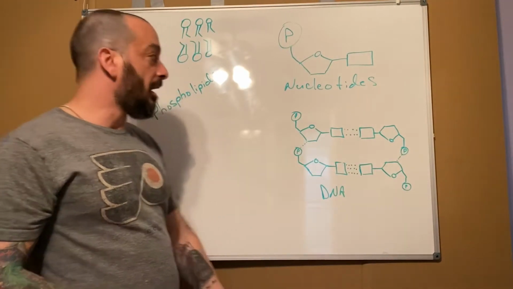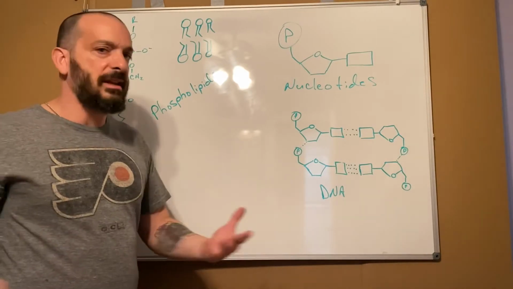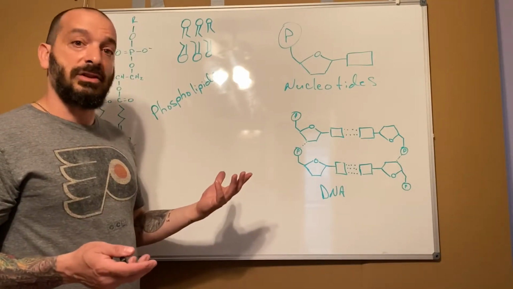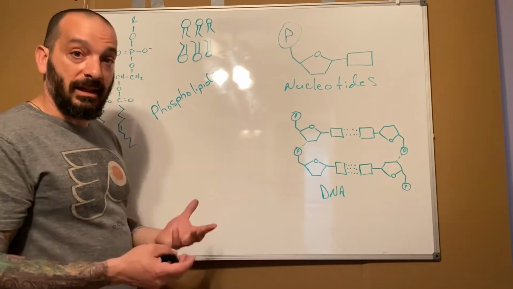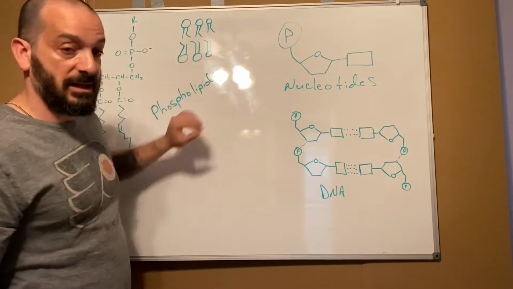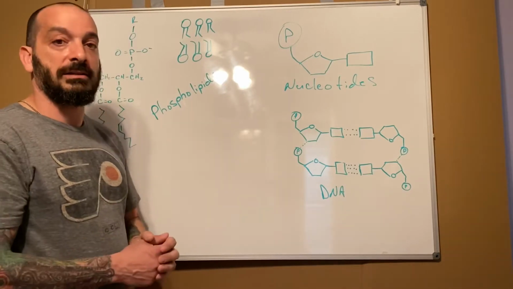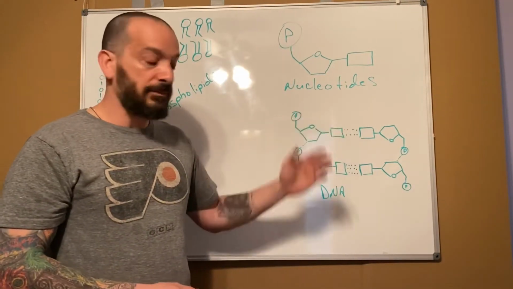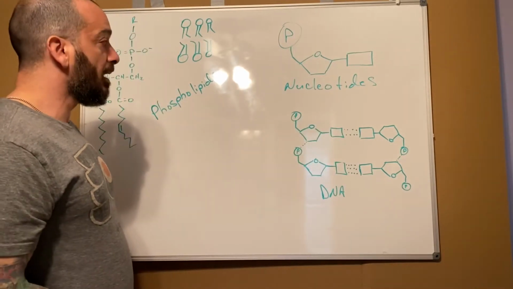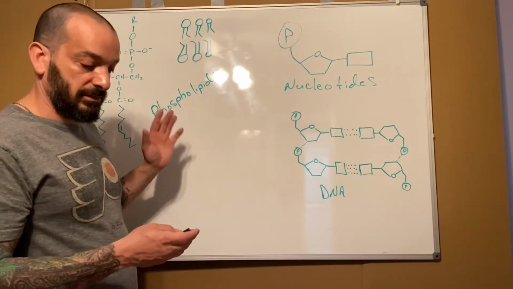So how does this have anything to do with evolution? Well, everything has a phospholipid bilayer, a membrane around all of its cells, and everything has DNA. So we're going to tie these two things together.